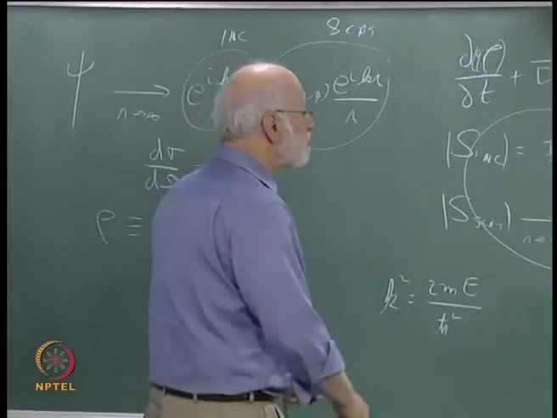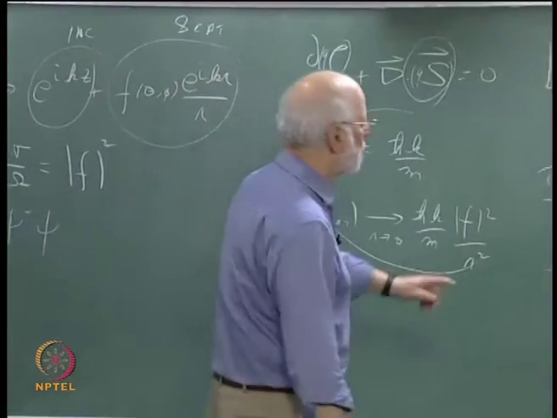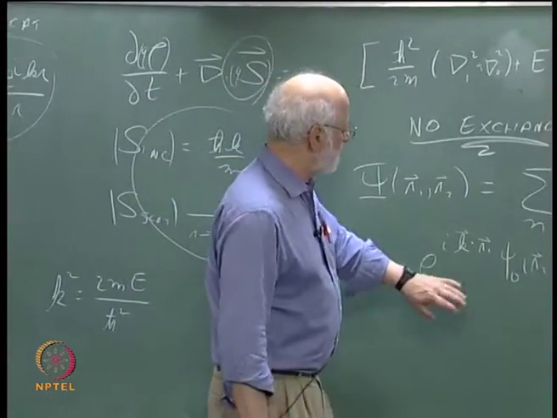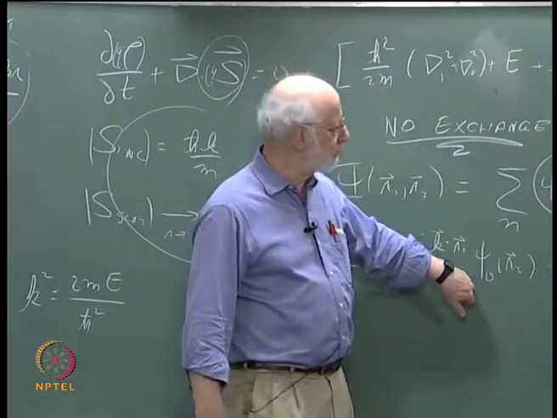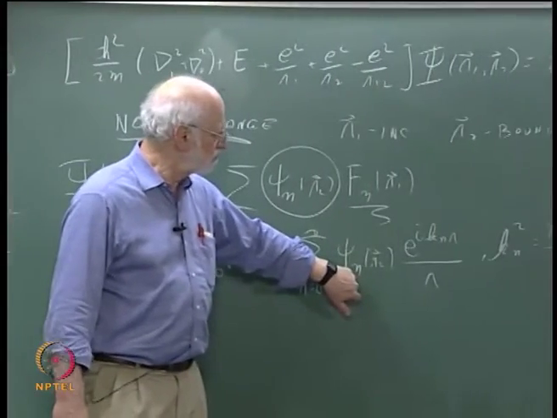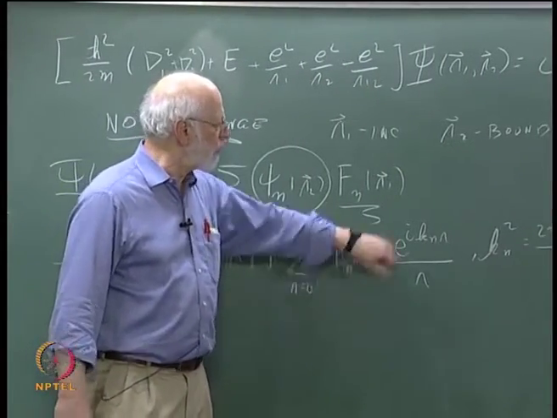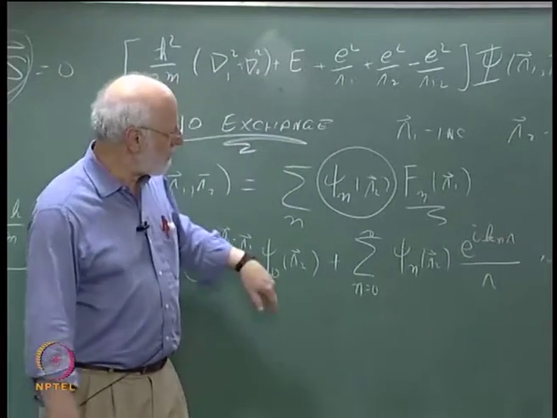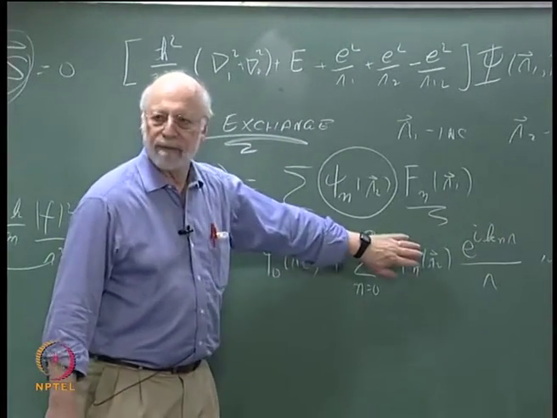So that tells me what the Fn's are. In other words, F0 has this in it, plus psi 0 e to the i k r, but all the others just have this.